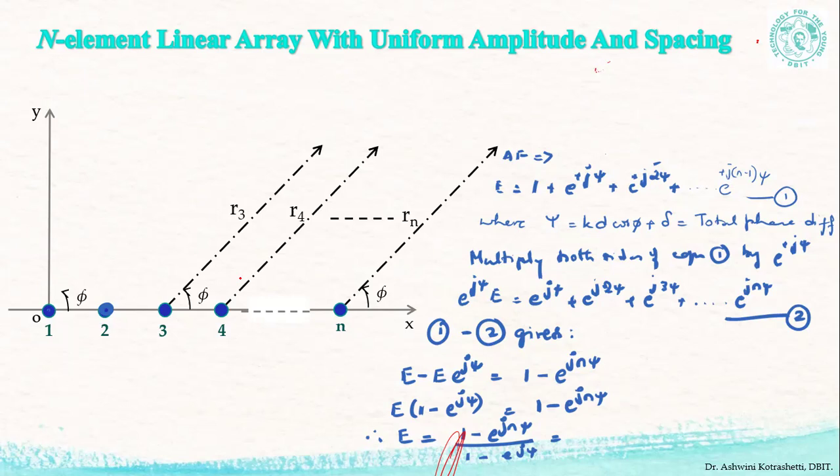Now, after that, there is some rearrangement done. If you subtract equation 2 from 1, you will get E minus E e^(j psi) equal to 1 minus e^(j n psi). This is a mathematical operation being done so that we get the electric field intensity E. Please note down this derivation till here.